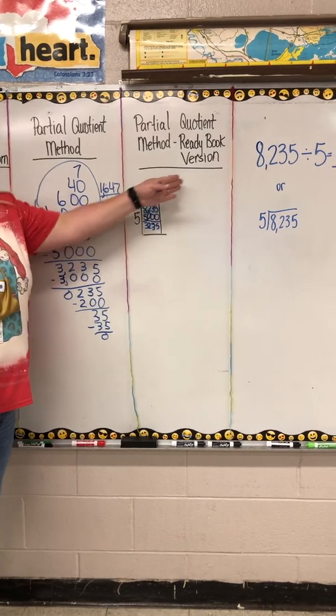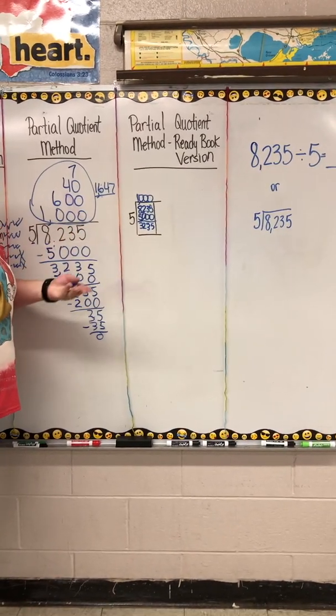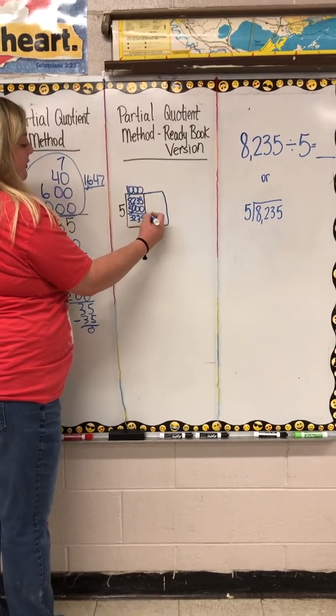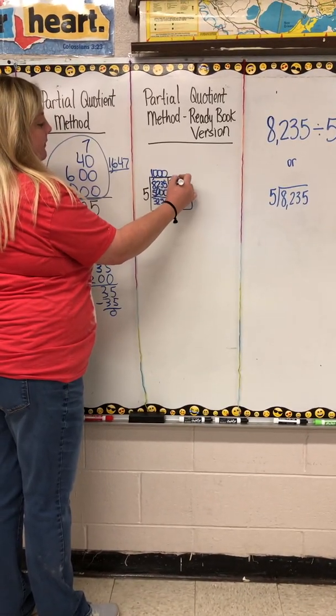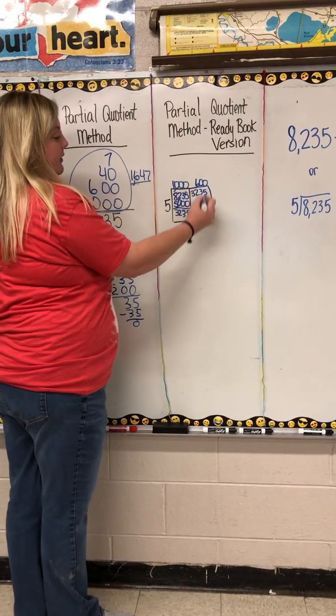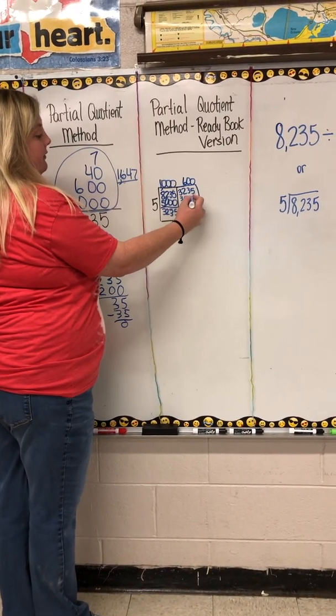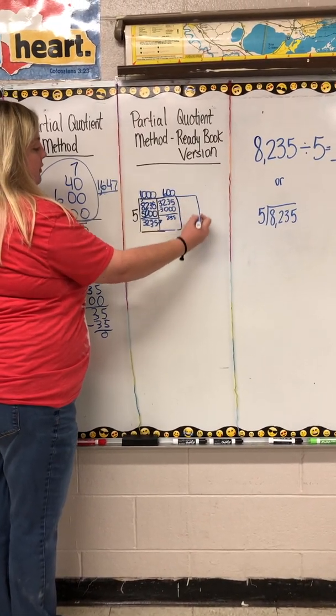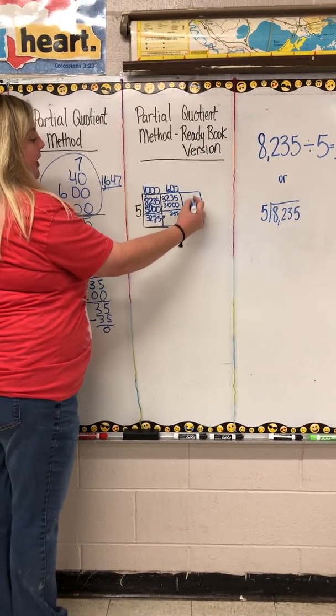Notice I didn't put a set number of boxes because I didn't know how many steps it would take me. So I go ahead and I make another box. And I bring this up. 5 will go into this 600 times, which is 3,000. Subtract. Make another box.